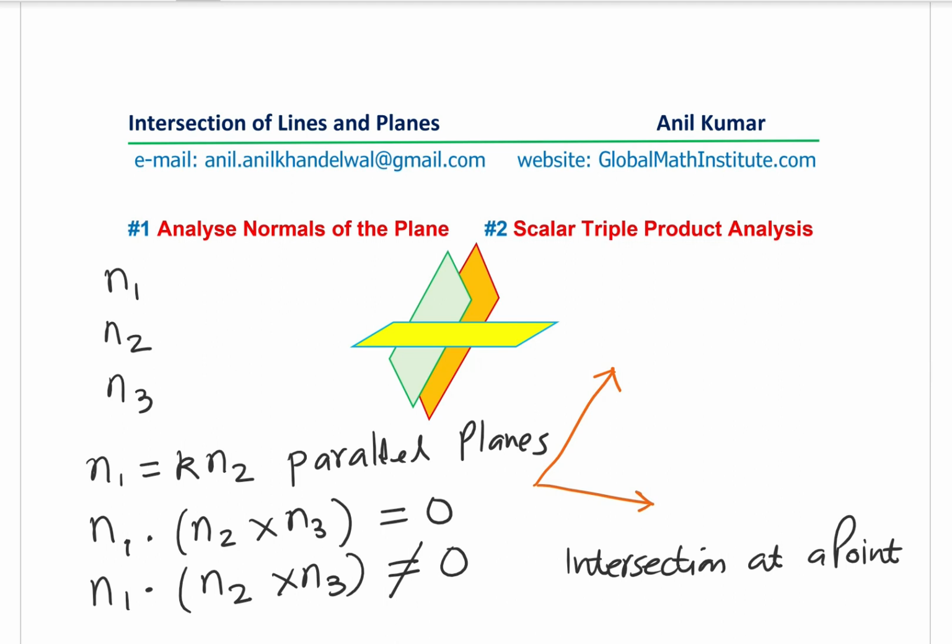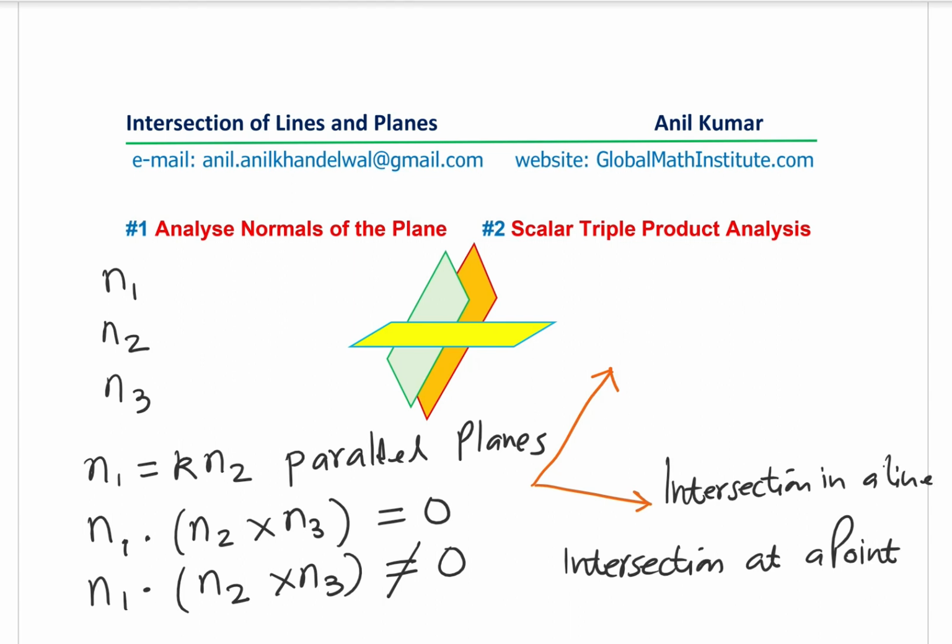One of them could be intersection in a line, and the other could be that we have an inconsistent system. Well, these two are consistent.